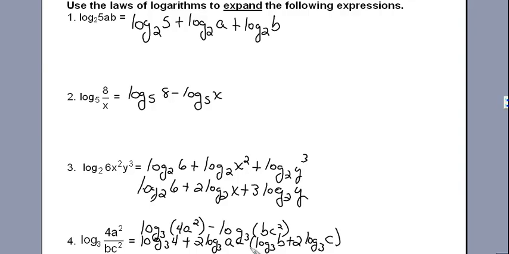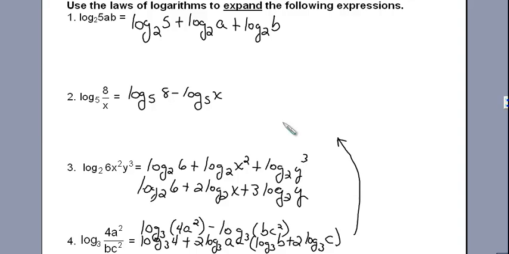Now I'm almost through. This minus right here is going to distribute across this set of parentheses so that everything in the denominator is going to end up with a subtraction sign in front of it. So I'm going to move up here and write it because I'm out of room.